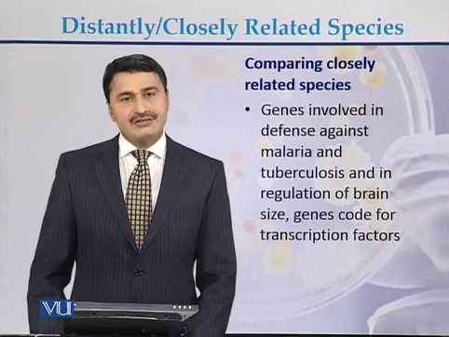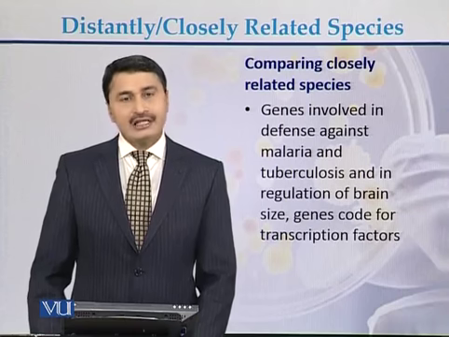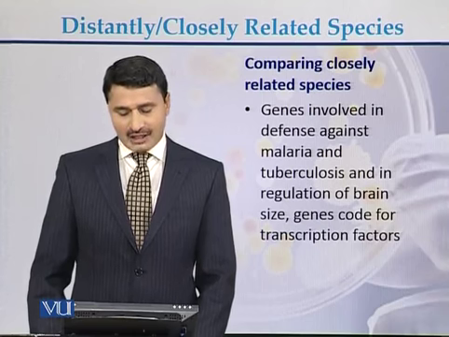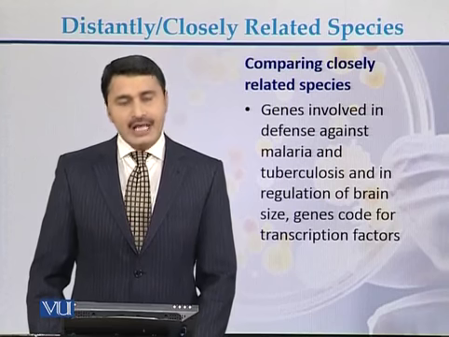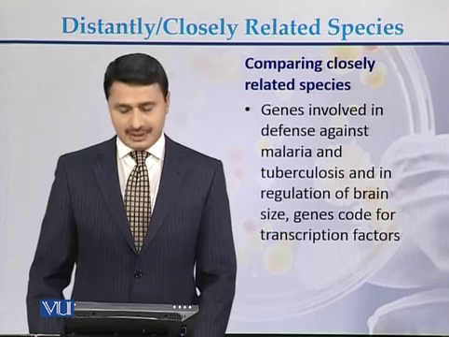Genes involved in defense against malaria and tuberculosis, in regulation of brain size, and genes that code for transcription factors are all genes that evolved faster in humans when we compare them with the genomes of the chimpanzee.